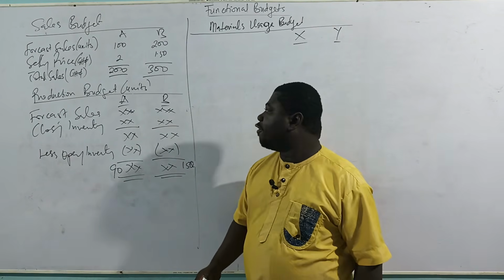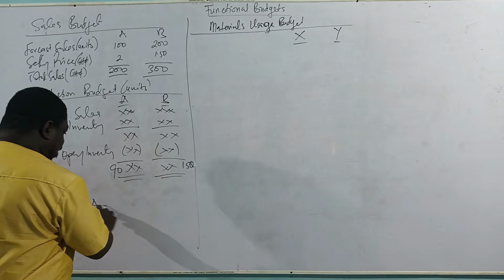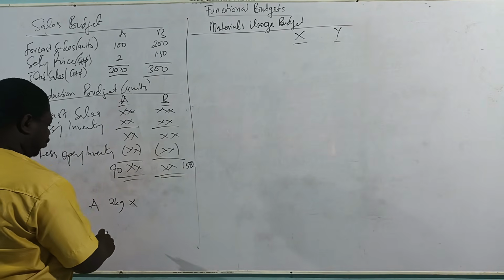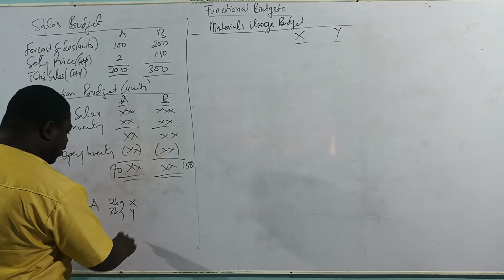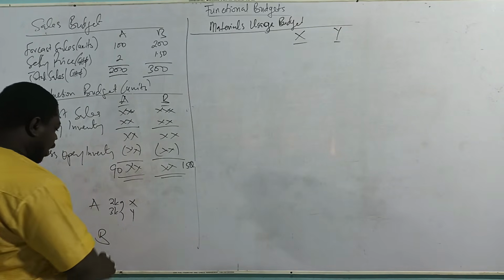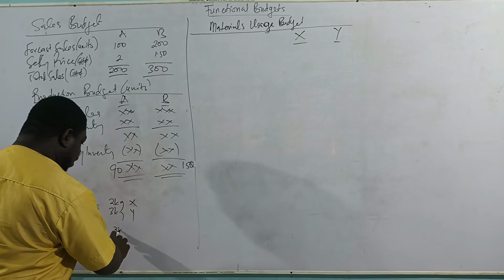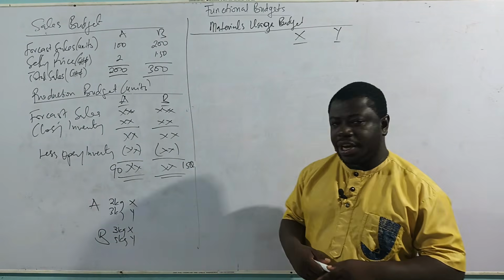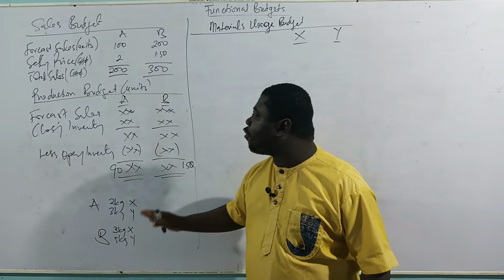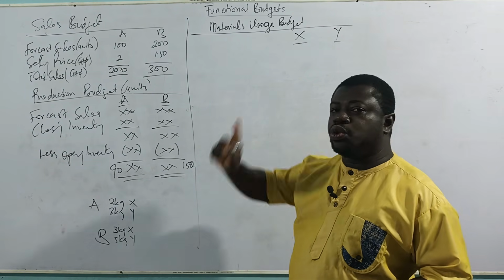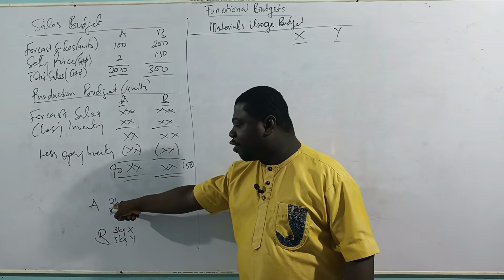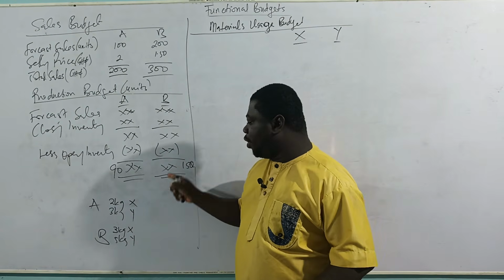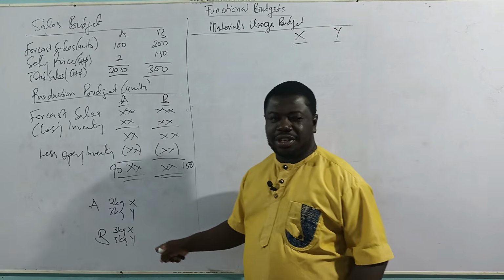So you can be told that for product A, you require 2 kg of material X and then 3 kg of material Y. For a unit of product B, let's say you require 3 kg of X and 5 kg of Y. This is the kind of information that you can see from the question, so that you know that in order to produce 1 unit of this product, you need 2 kg of material X and 3 kg of material Y. Okay, in order to produce 1 unit of product B, you need 3 kg of material X and 5 kg of material Y, something like that.